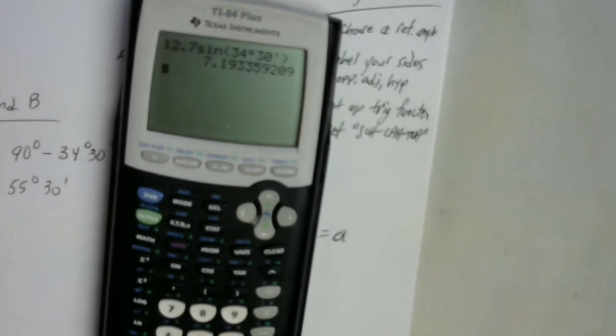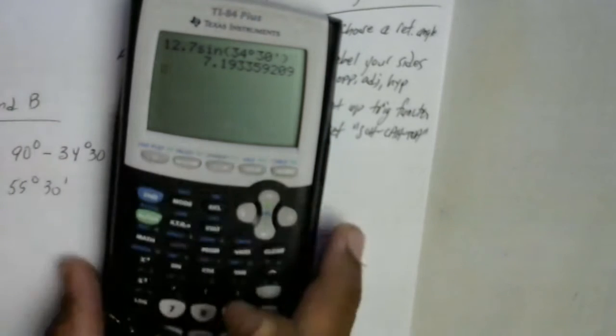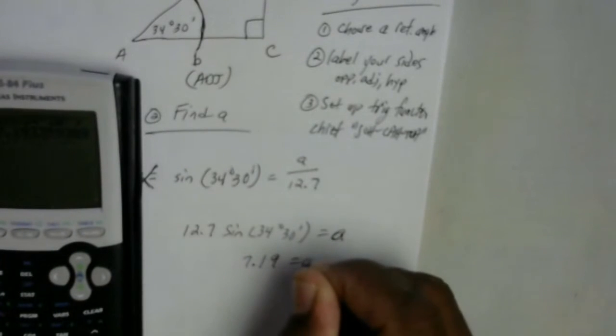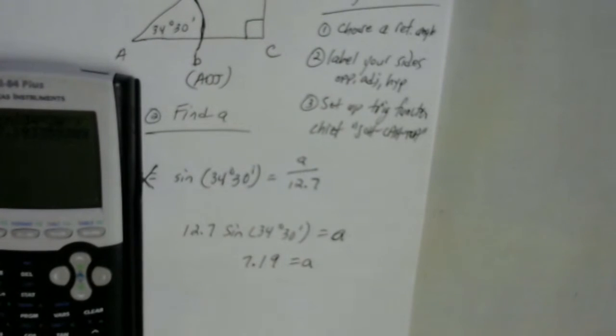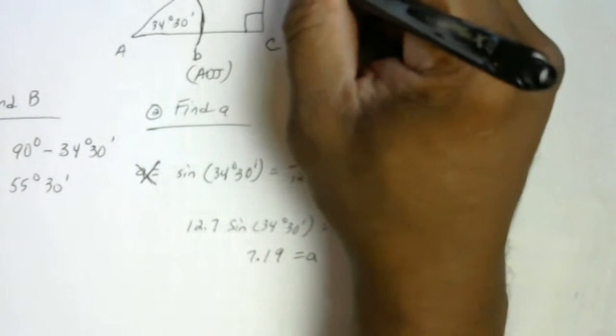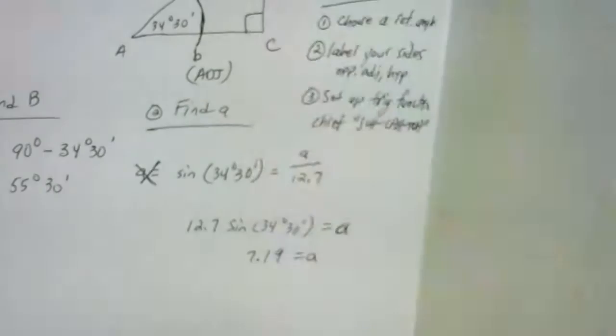And we have a value of 7.19. So 7.19 is equal to side length A. So A is 7.19.